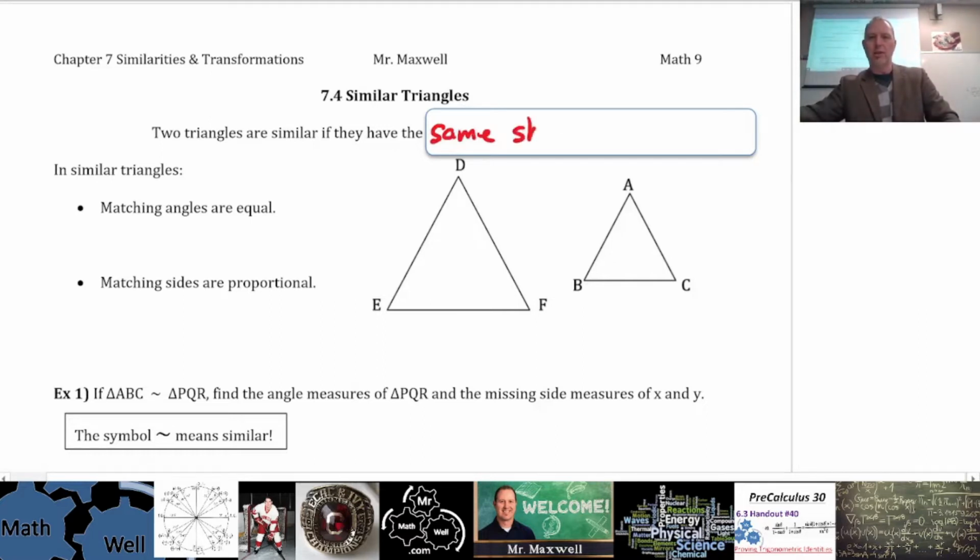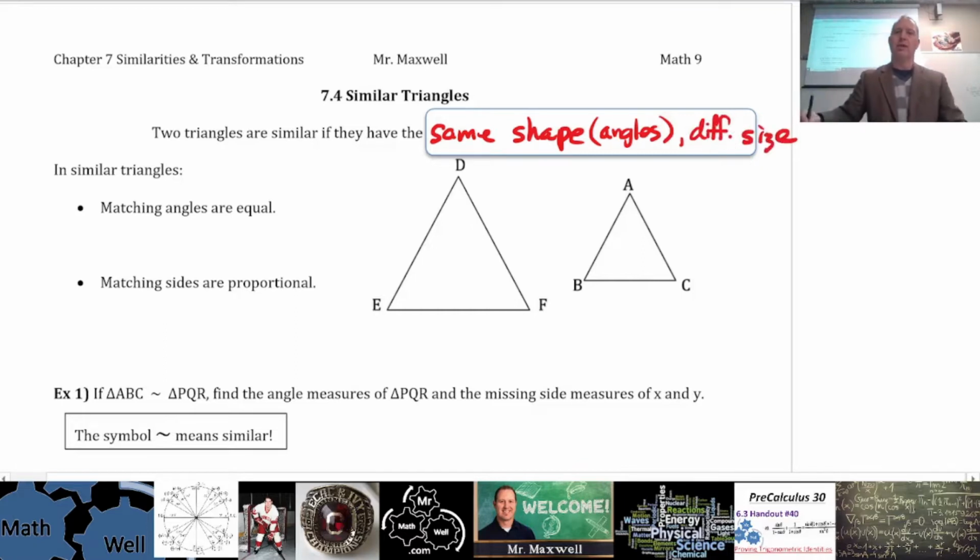The same shape, and I'll put angles in there because I like that. That's part of your definition. Same shape, different size. Fill that in your spot there.